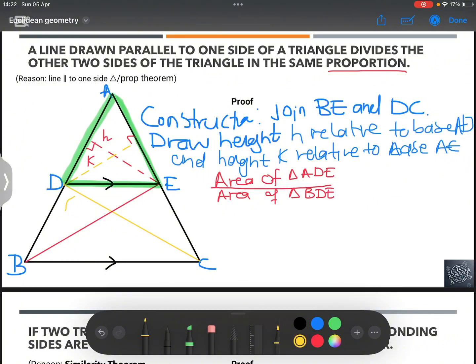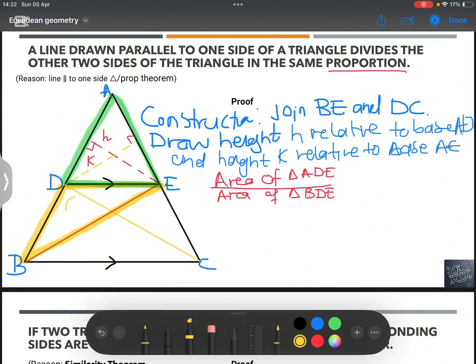And then we're looking at this triangle. What we're interested in is the sides in proportion: if a line is drawn parallel to one side of a triangle, and the two other sides are in proportion, that's what we are interested in.